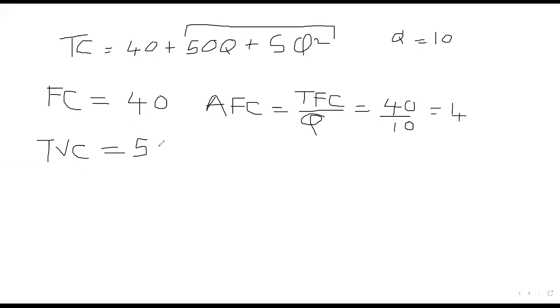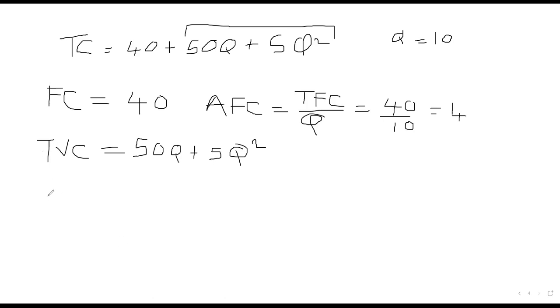It's 50Q plus 5Q squared. This whole function is variable. It's dependent. Once we alter output by any unit, it will alter the ultimate total cost. Okay, so we're going to understand later on why our cost functions are U-shaped.